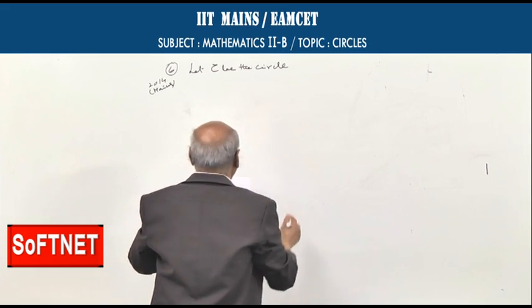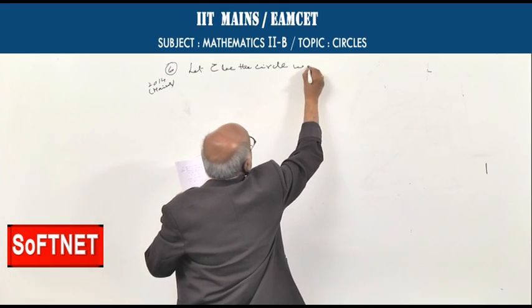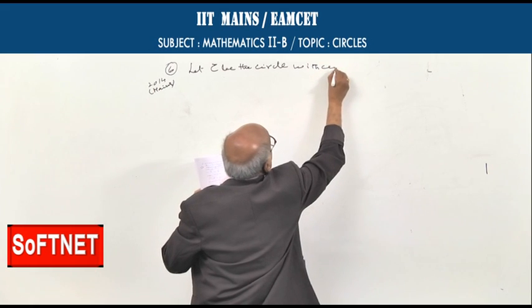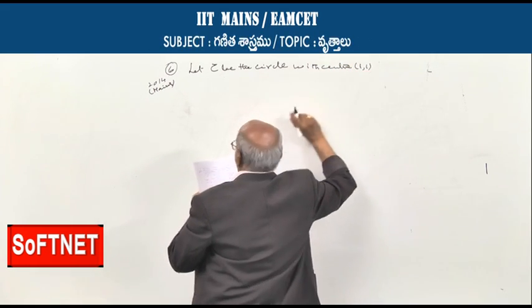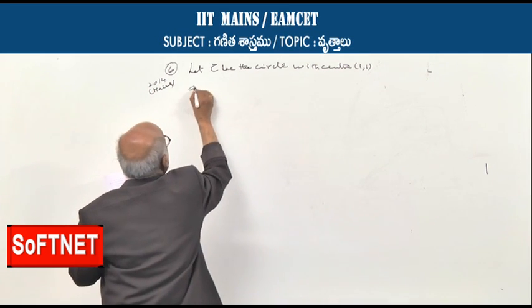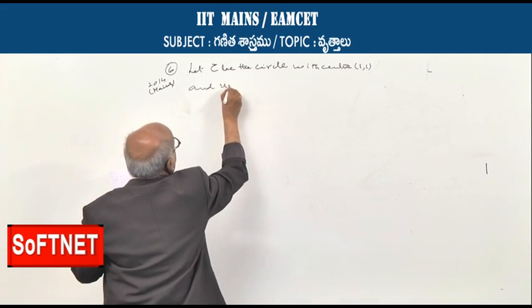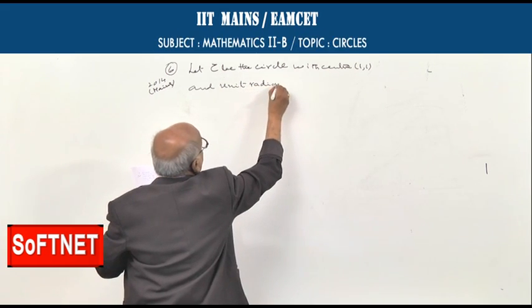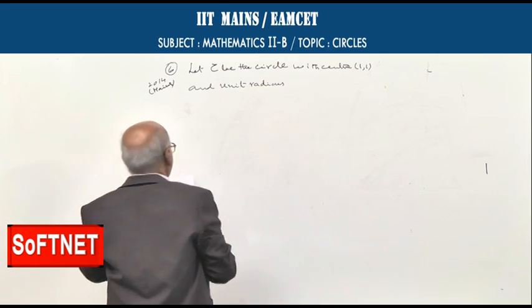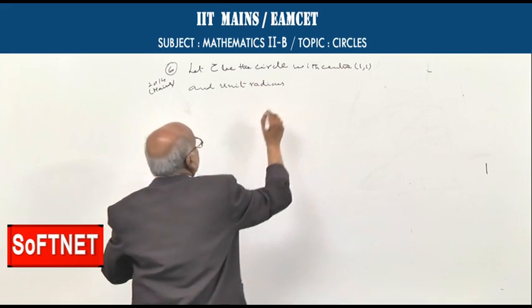Let C be the circle with center (1, 1) and unit radius.